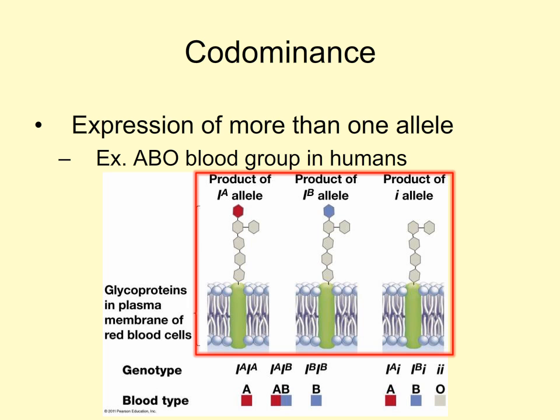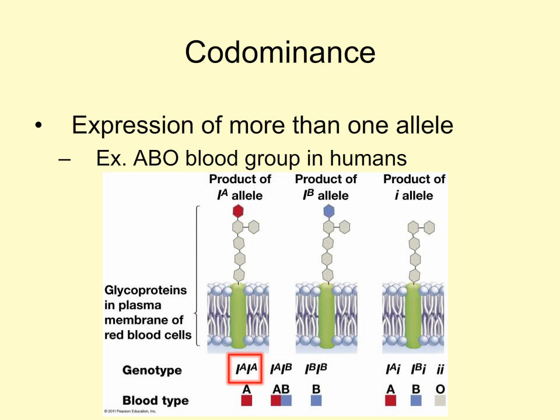The phenotypes display different glycoproteins on the membranes of red blood cells. These glycoproteins can have carbohydrates for type A, type B, and a type that lacks either. Genotypes with two alleles that produce the A carbohydrate will result in type A blood, and a genotype with one allele that produces the A carbohydrate and a second allele that produces neither type also results in type A blood.